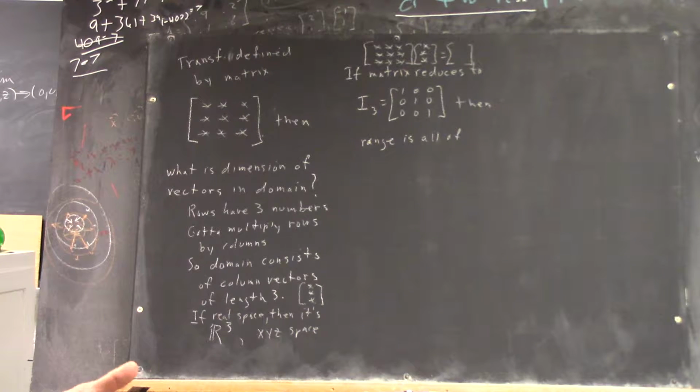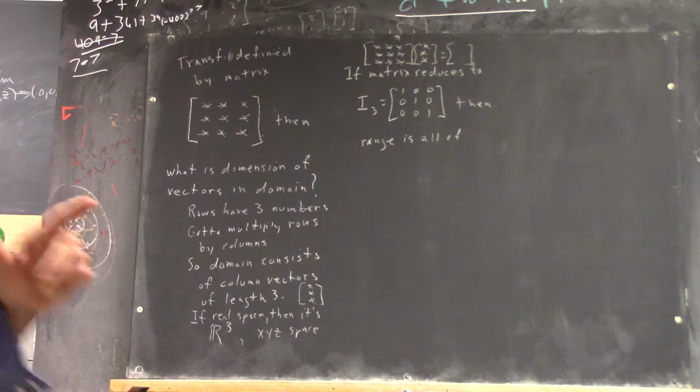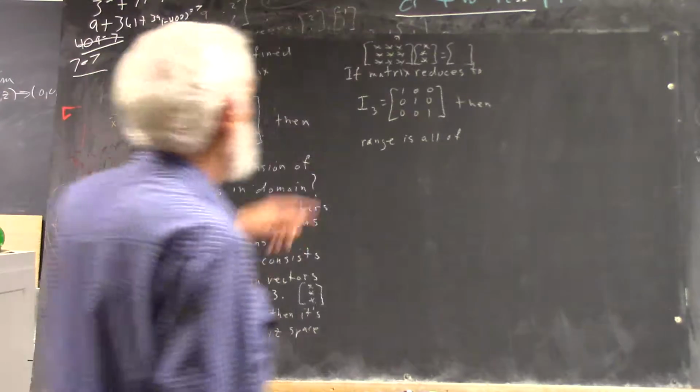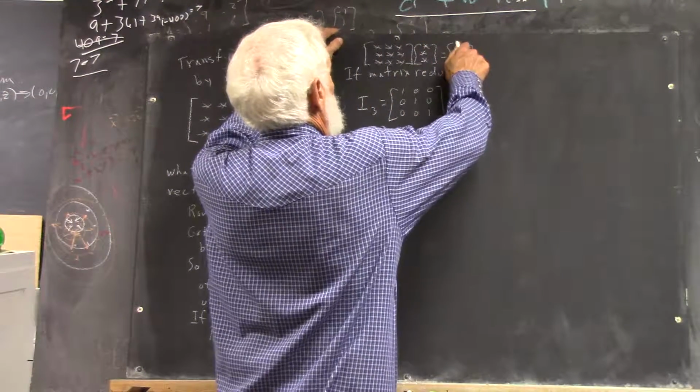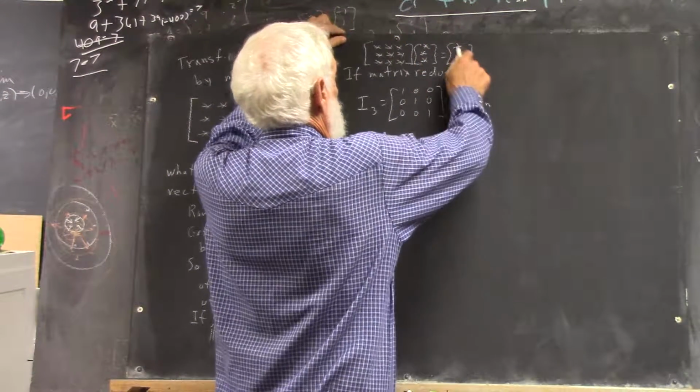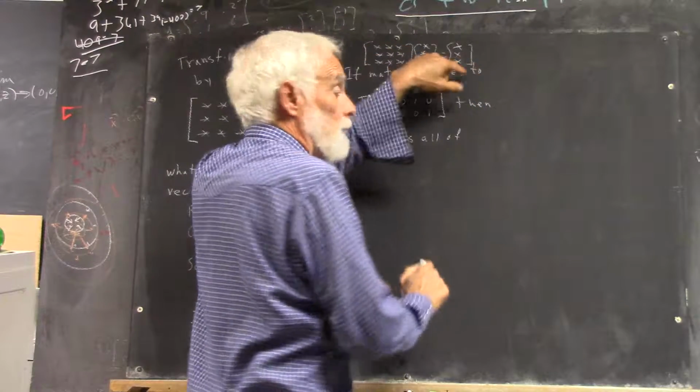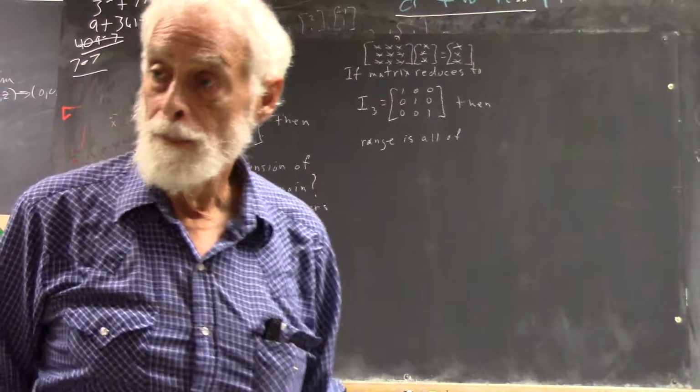Yeah, column. It's a column vector of 3 because you got 3 rows. First row times a column is going to give you this number. Second row times a column is going to give you this number. Third row times a column is going to give you this number.